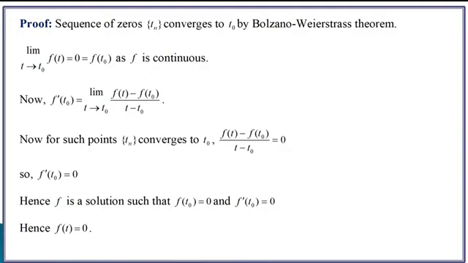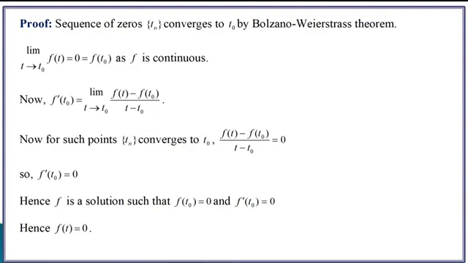Since the solution has infinitely many zeros, there is a sequence of zeros, and as per the Bolzano-Weierstrass theorem, any infinite bounded set has a limit point. The domain of definition here is a comma b, so it's a closed bounded set, and here you have infinitely many zeros, so it should have a limit point.